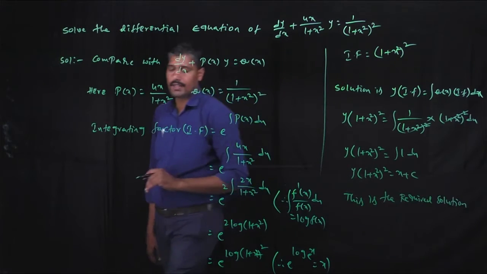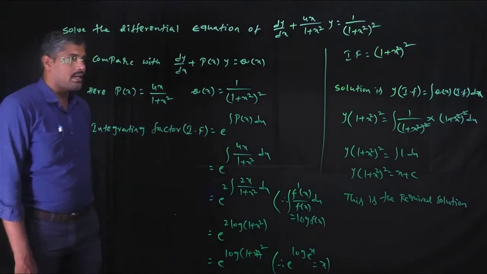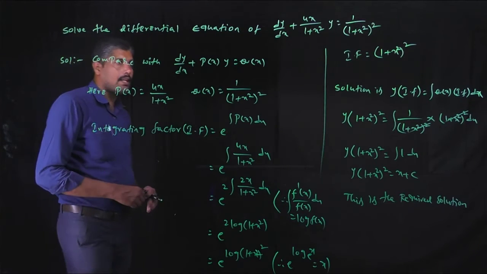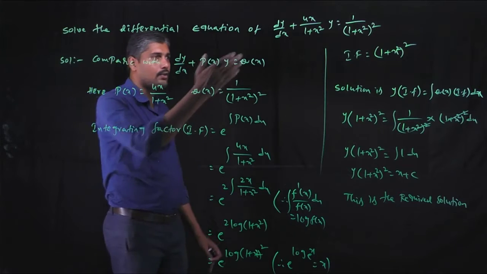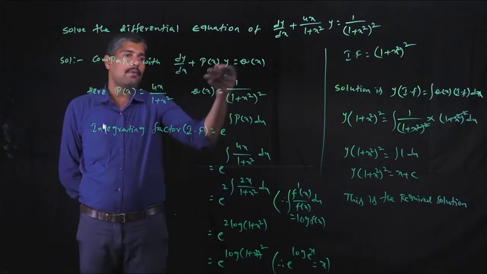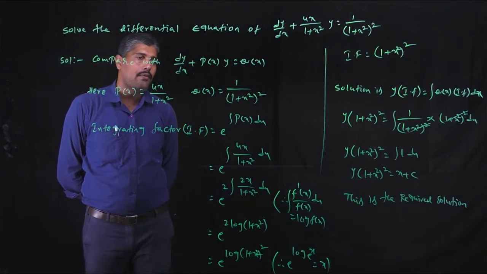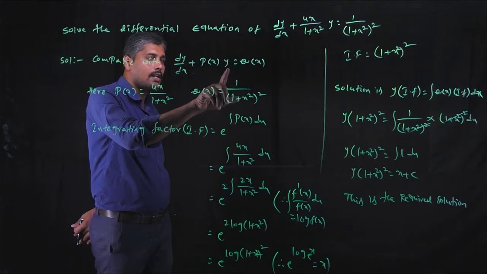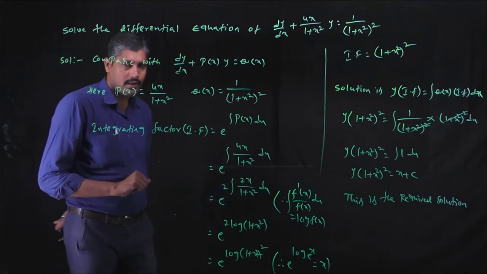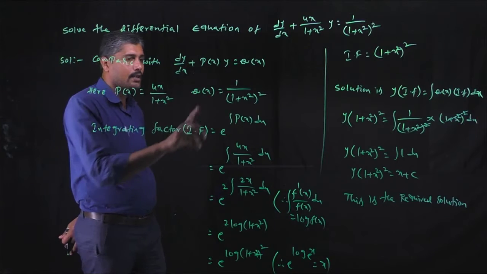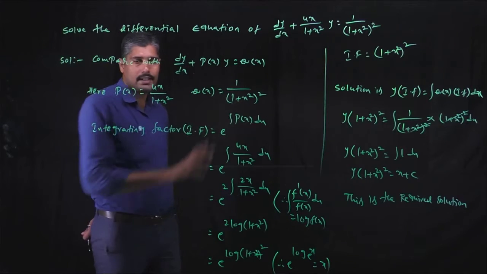Okay, see once again. First check how to solve this one: by using variable separable method or homogeneous method or non-homogeneous or linear differential equation. This is in the form of dy by dx plus p of x into y equal to q of x. This is a linear differential equation in y. Take p of x equal to 4x by 1 plus x square, q of x equal to 1 by 1 plus x square whole square.